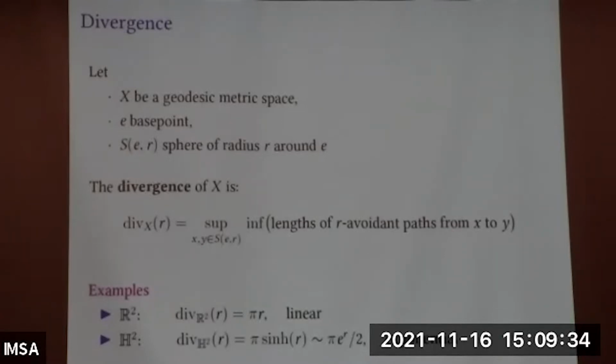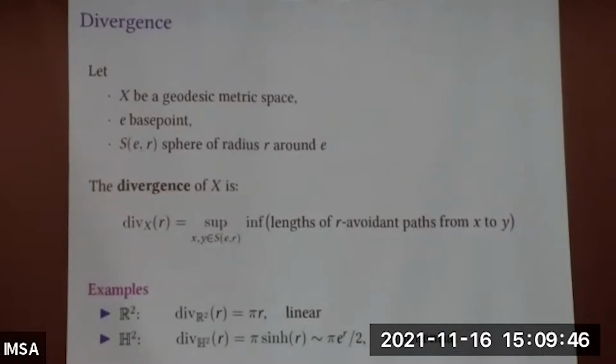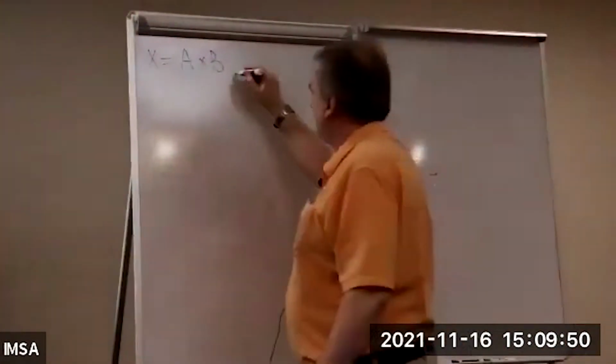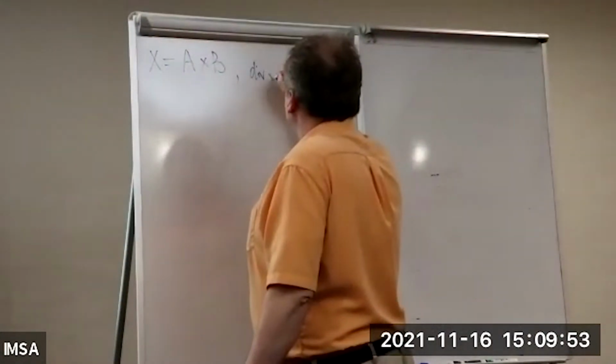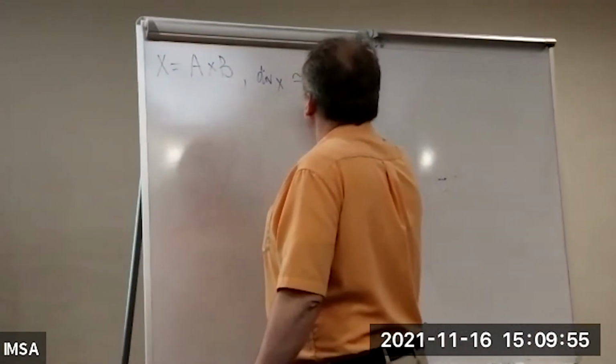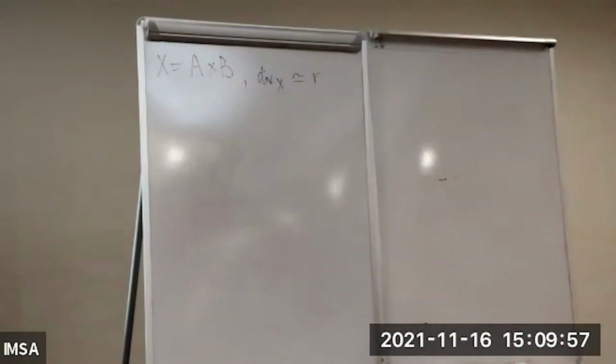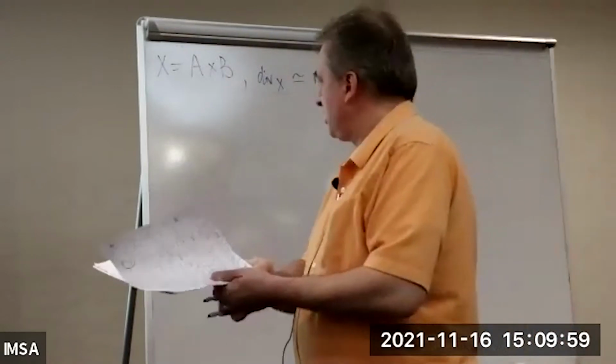However, a different property of divergence is that if X is a product, then divergence is always linear. And that's a remarkable property. It's very easy to show, actually.